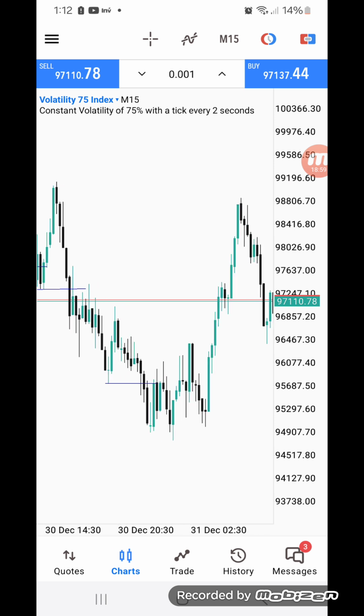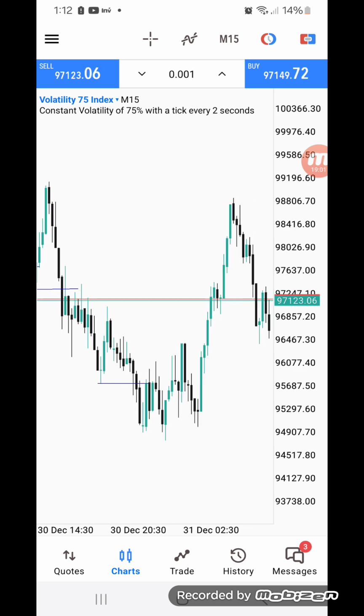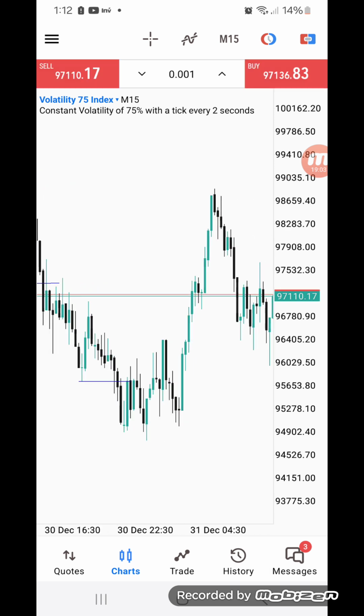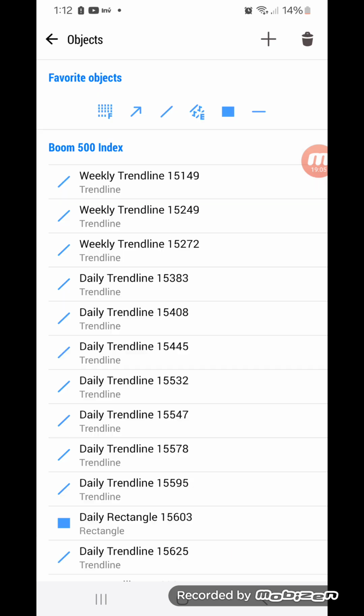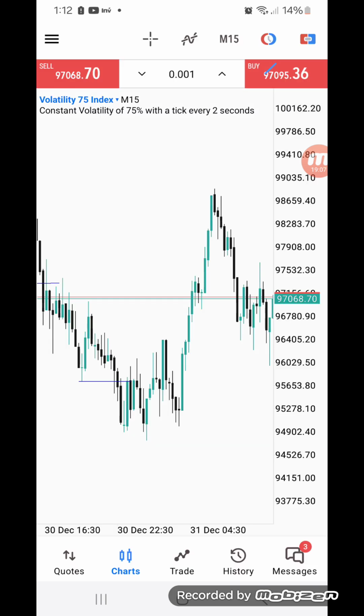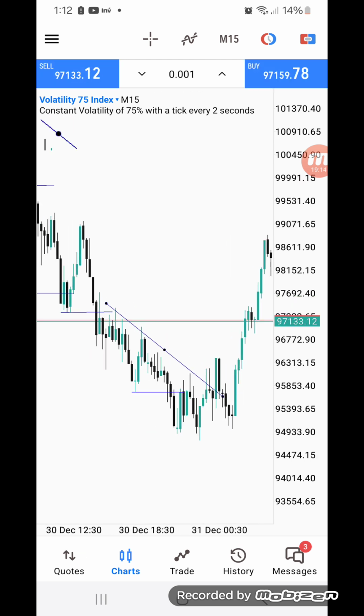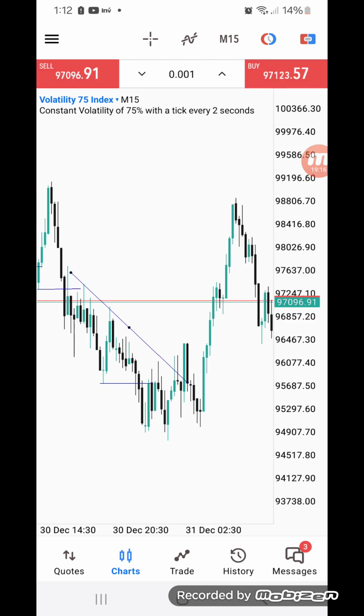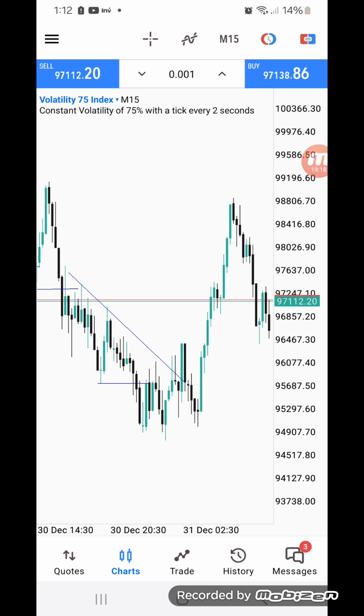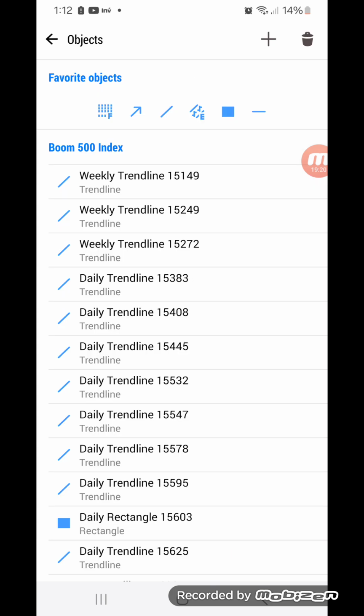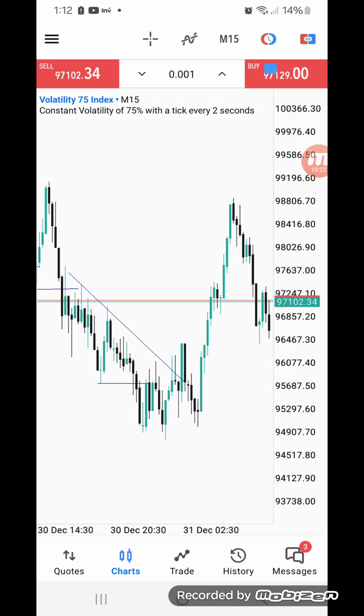Now as we continue, you can see what the market did. It came and gave us a form of liquidity over there. This is what we call trend line liquidity. My setup was to wait for the market to come back and respect this order block over here.